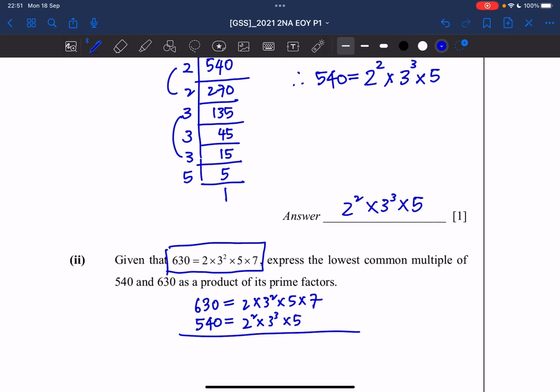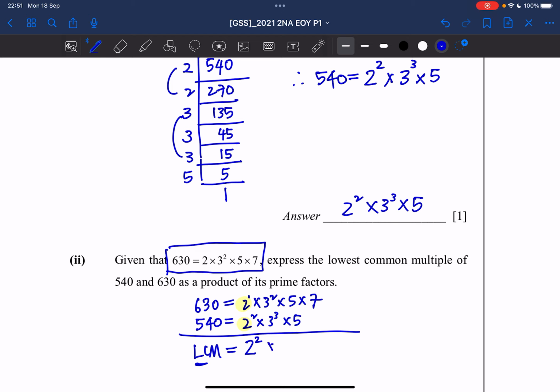So what they want is the LCM. So now we just need to check for the same base. So this number 2 appears in both numbers. So of course we need to take number 2. Which power do we use? The top one, power 1, the bottom one, power 2. Because it's LCM, we need to take the highest power.